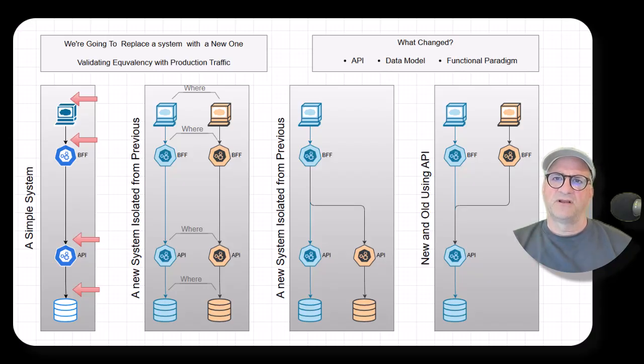You have the inverted version too, which is I have a really expensive backend system and we've decided to build new business processes on top of it. In that case, I've got two BFFs and a new and an old UI and backend for front end. So in that case, injecting the same test at the UI tier, which is really what we want to do because we need to test the UI, might actually be difficult because the two BFFs might be completely different paradigms or have different data models.